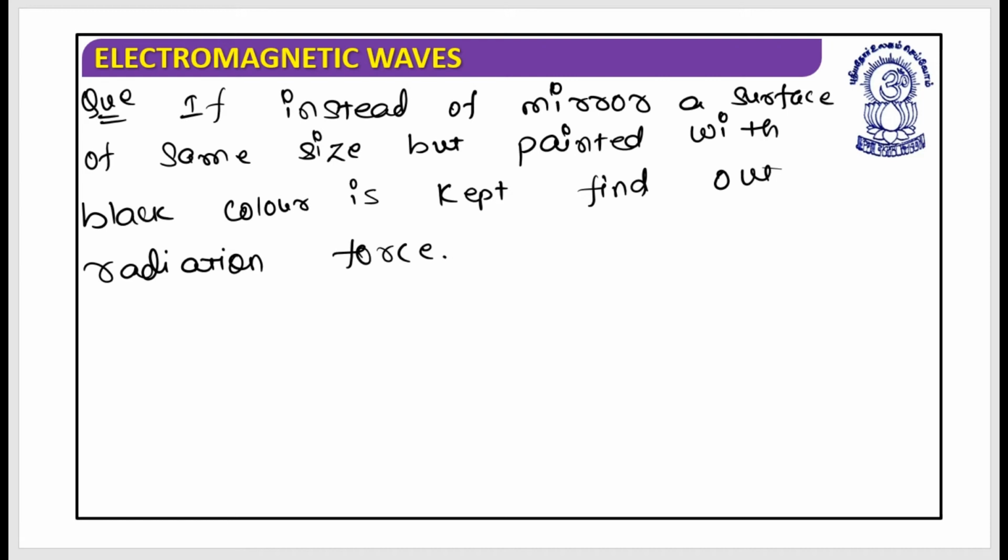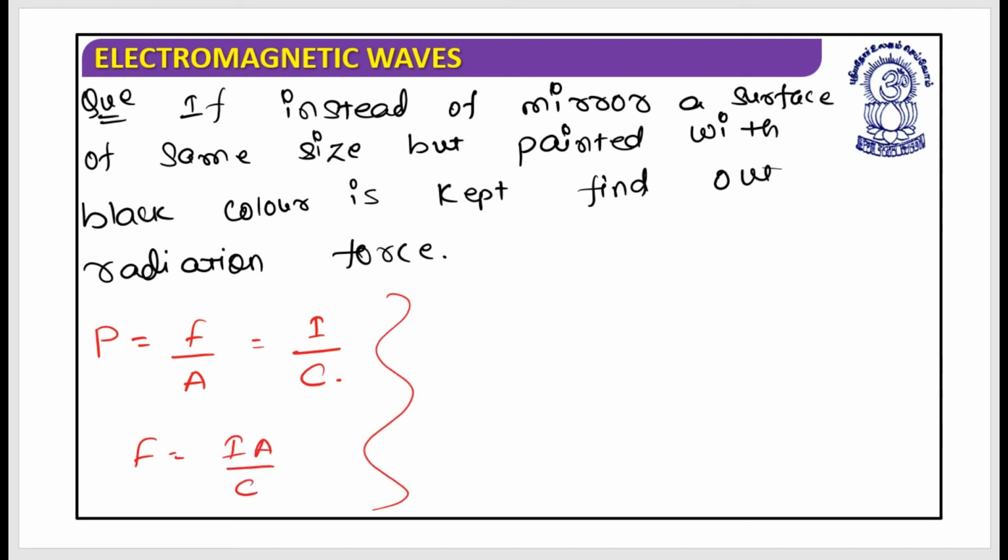So now the pressure, which is force by area, is equal to I by c, because it's a surface that has been painted with black color. If it has been painted with black color, that means it must be a completely absorbing surface. So this force is equal to IA by c. I hope this is clear.